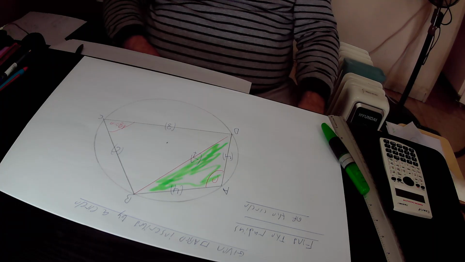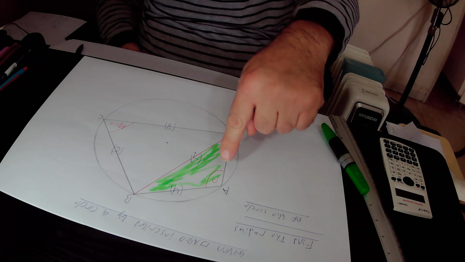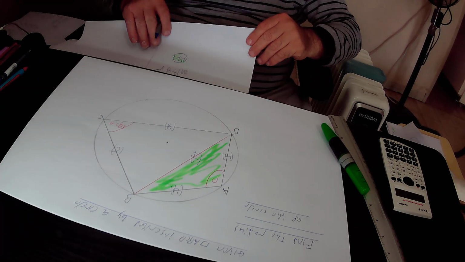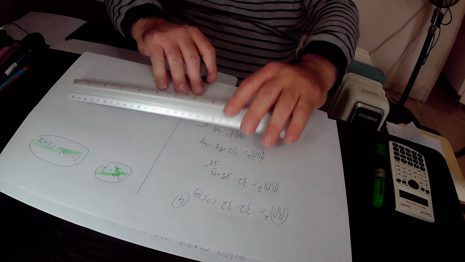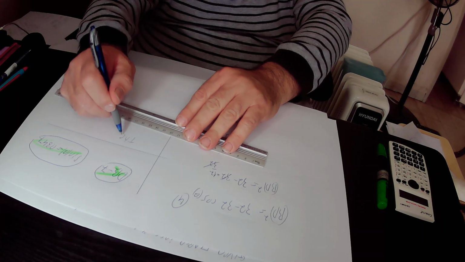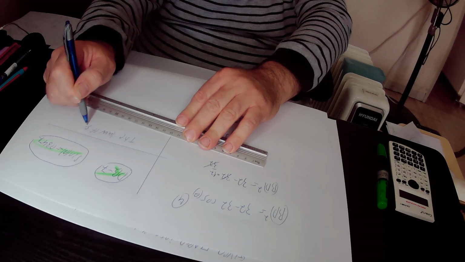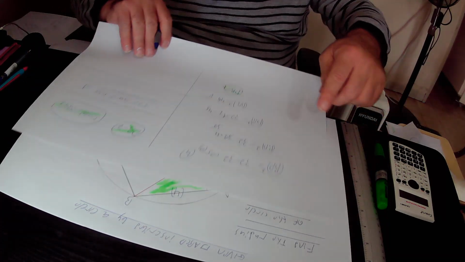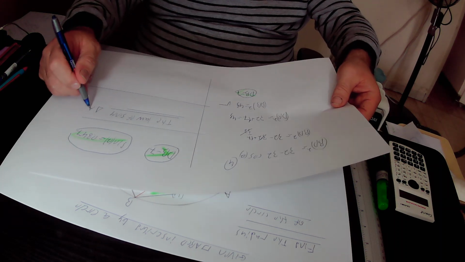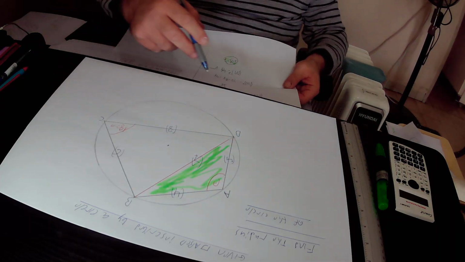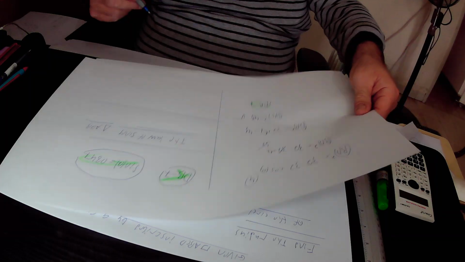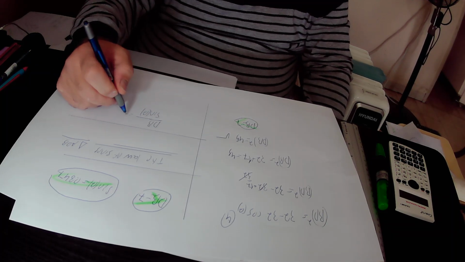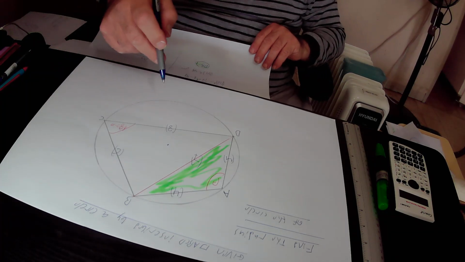According to the law of sines in its full version, DB over sine theta equals 2R, where R is the radius of this circle that circumscribes triangle ABC.